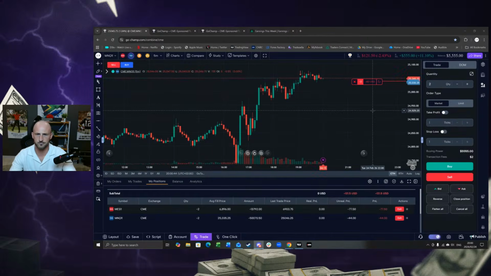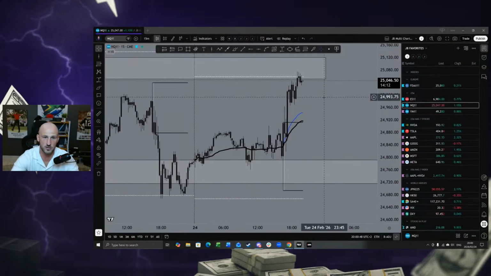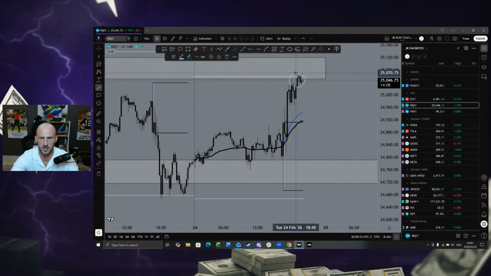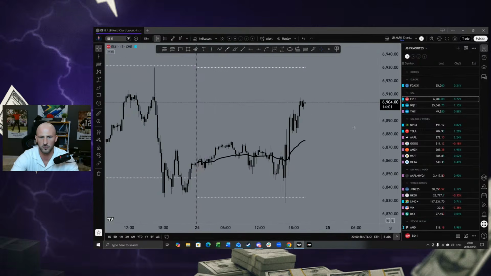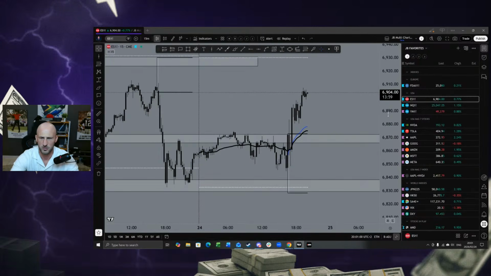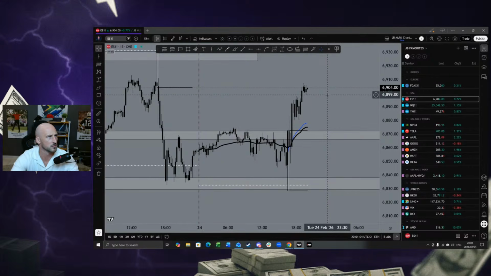As I say, guys, in terms of the bias, I definitely think the bias earlier today was long. However, I do find us stalling at these levels here, at that 25,050 level. Same as ES 900, which has been quite a big level of resistance. So if you are going to trade counter-trend like me, keep it small. If not, stay out of the market, right?